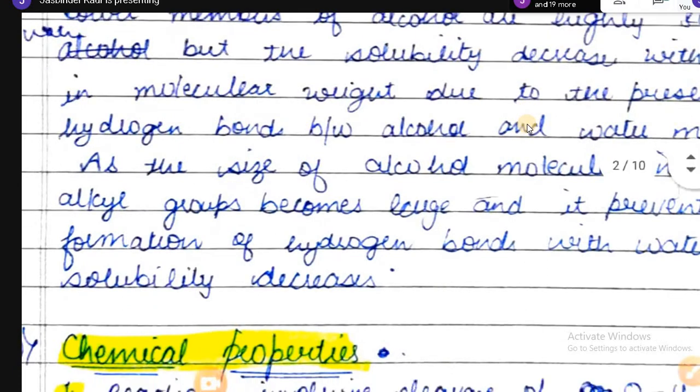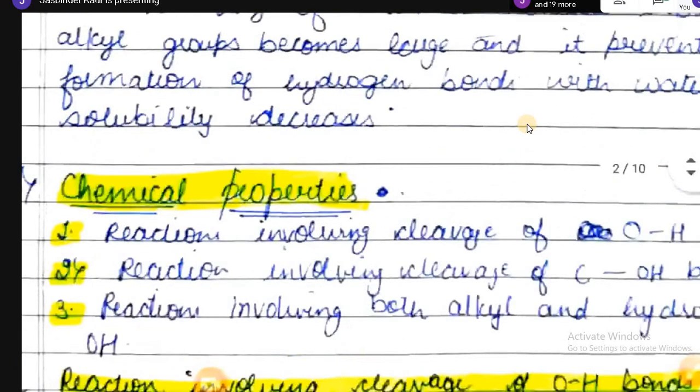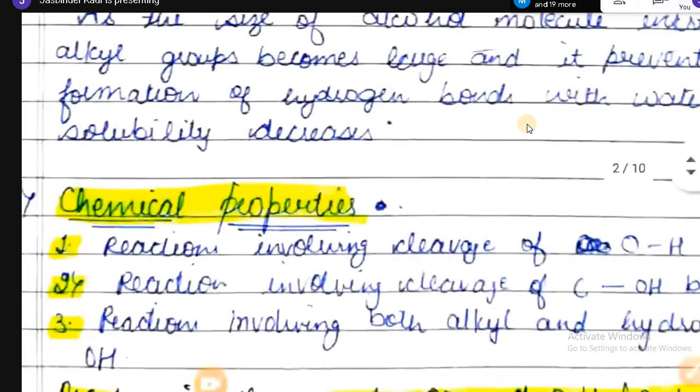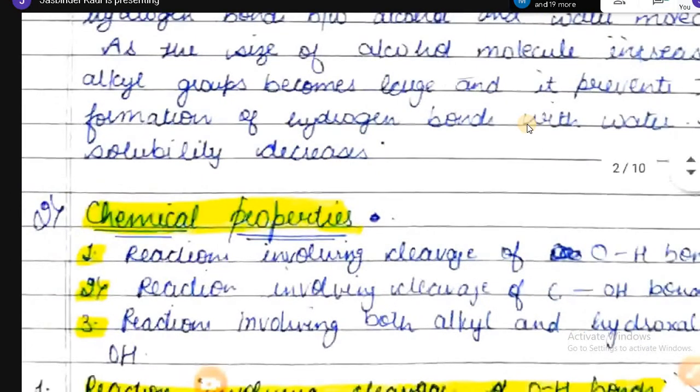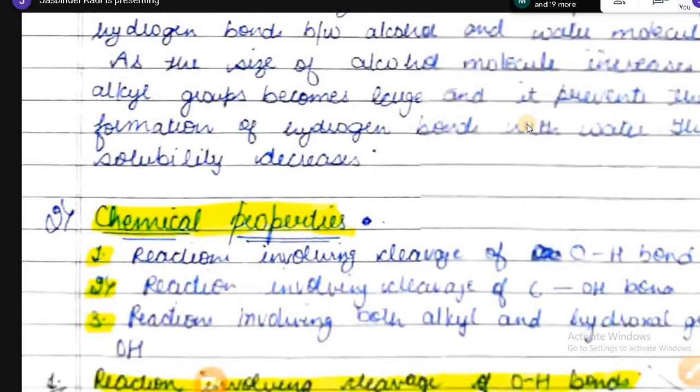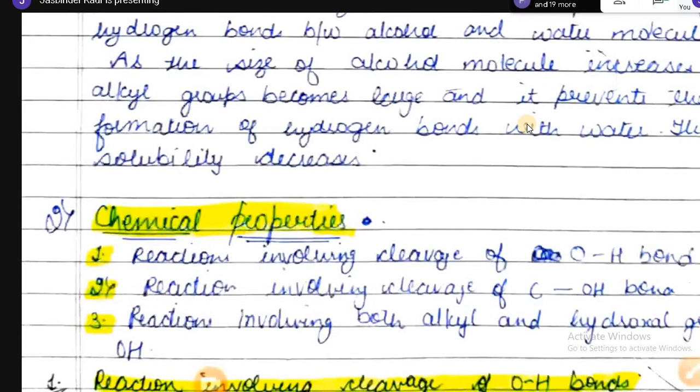And then is chemical properties. In chemical properties, we divide the properties of alcohols in three parts. First is reactions in which the OH bond breaks, in which alcohols show acidic character. Second, reactions in which the carbon-oxygen bond breaks, that is, OH is replaced by some other group.